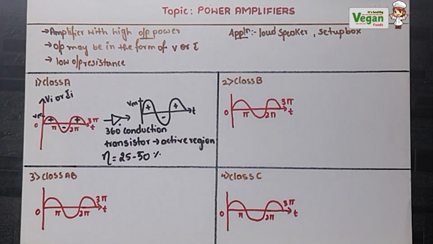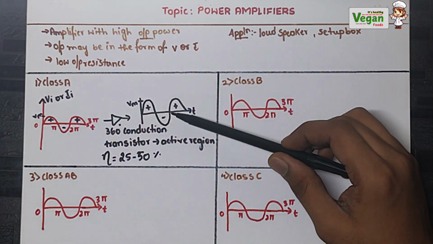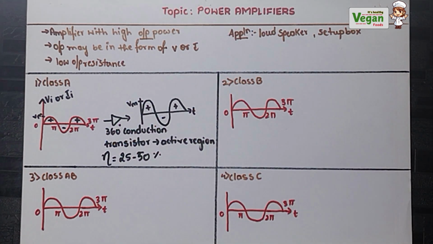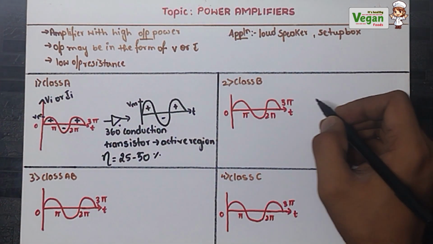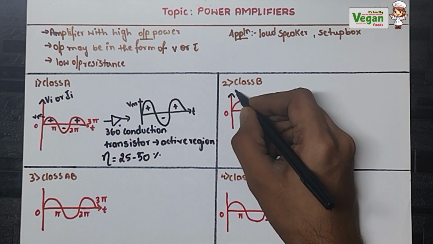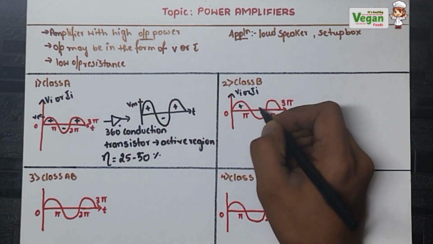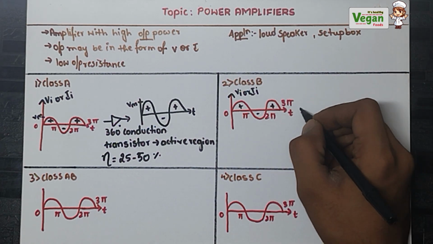Let's discuss the output waveform, conduction, transistor and the efficiency of the other three amplifiers. So, class B amplifier. In a class B amplifier also, we can give voltage or current inputs: positive half cycle, negative half cycle, positive half cycle.